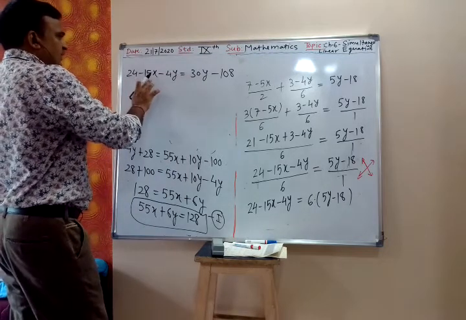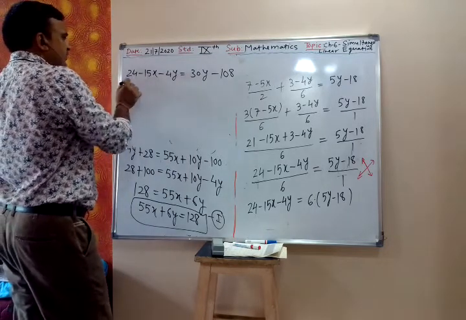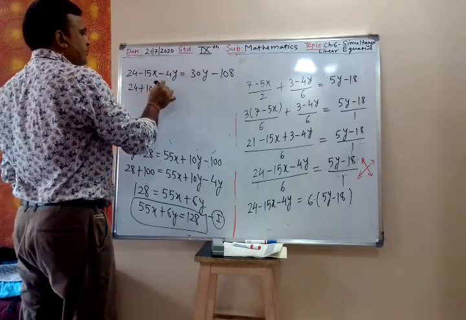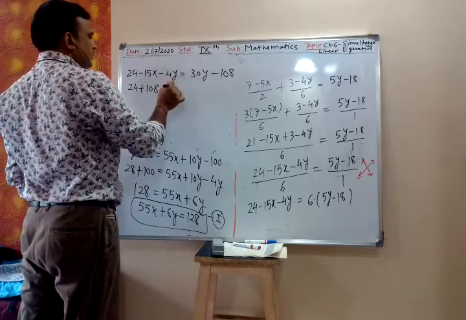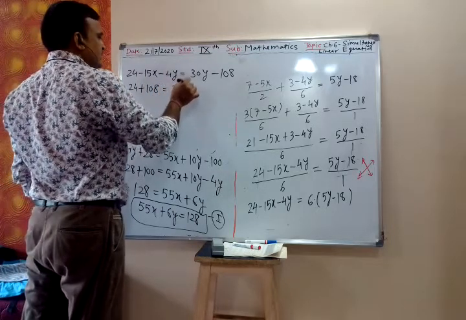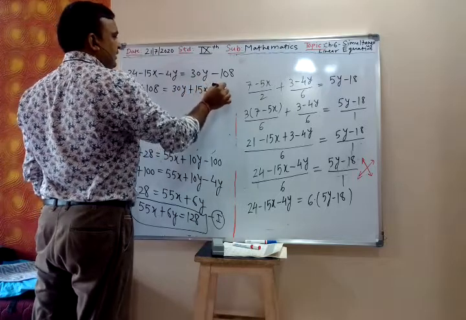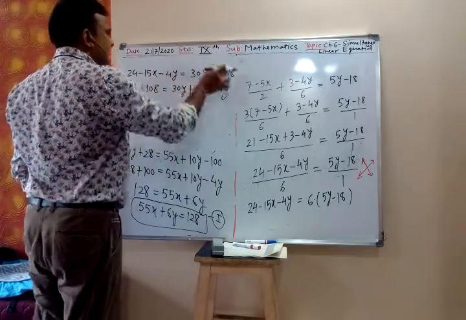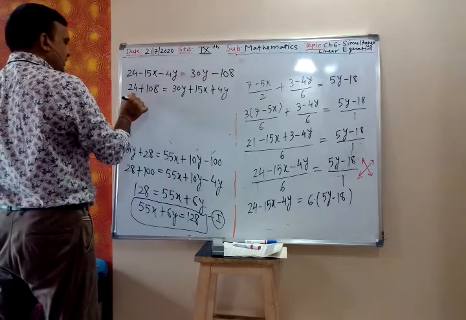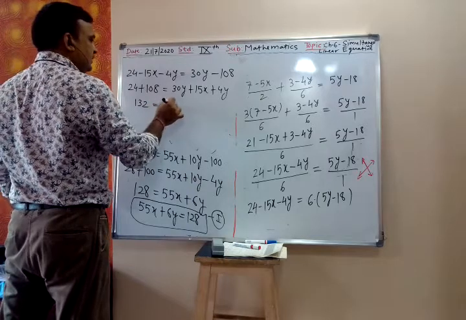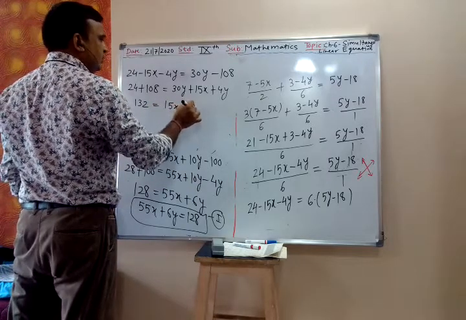Now I will take 15x on this side, so 24 plus 108 is equal to 30y plus 15x plus 4y. I will take these two terms on the other side. So 132 is equal to 15x plus 34y.